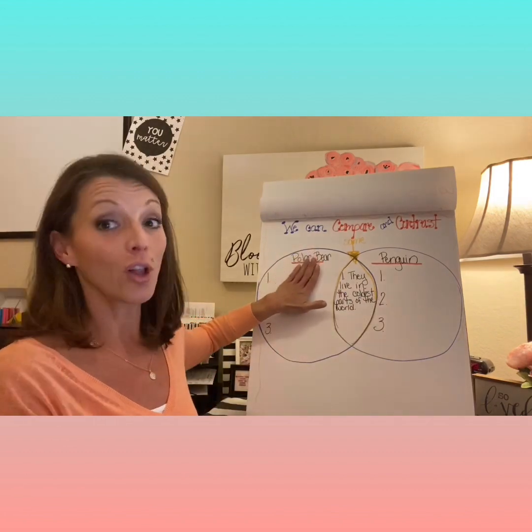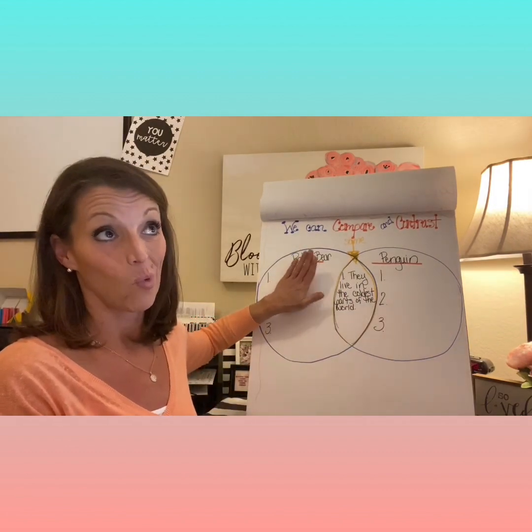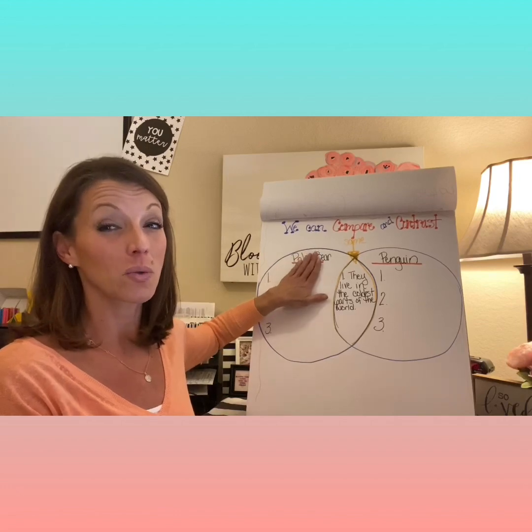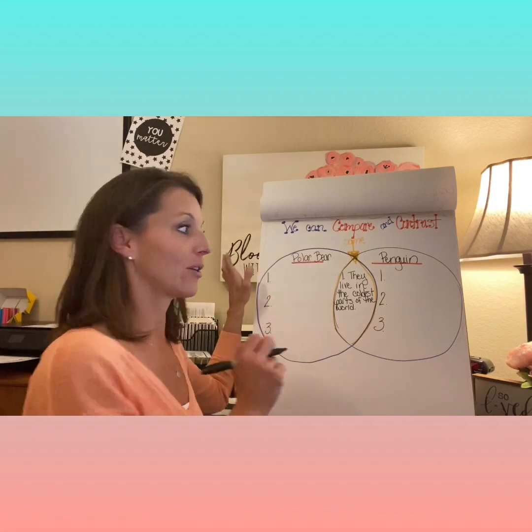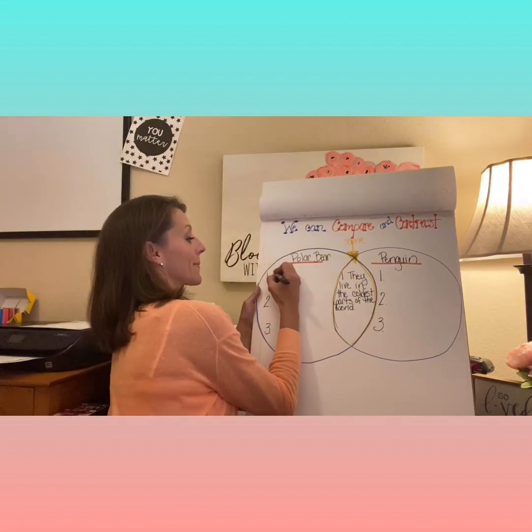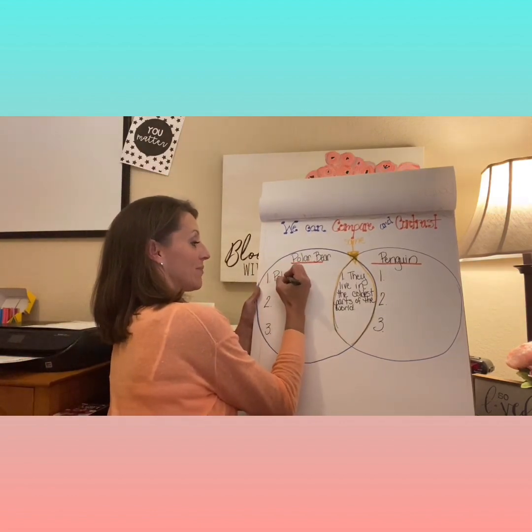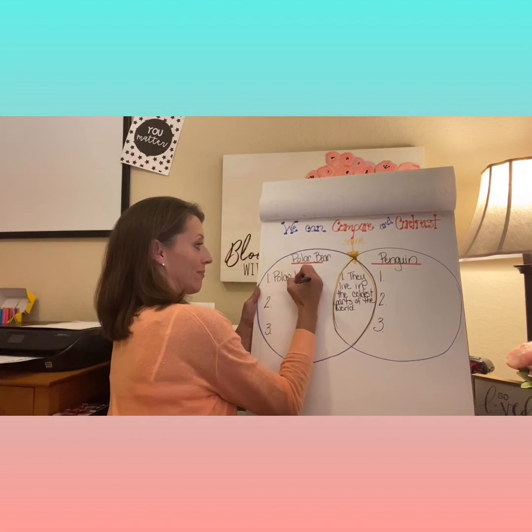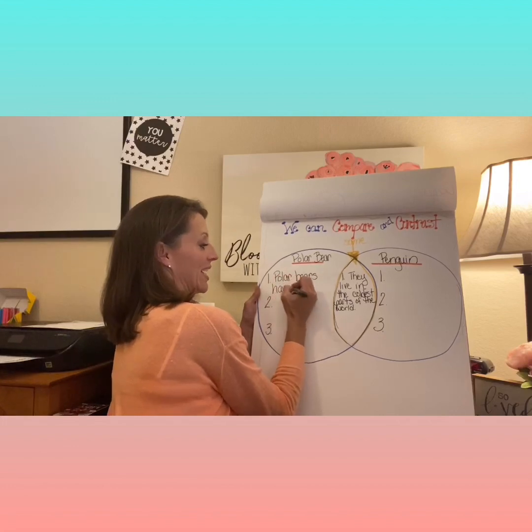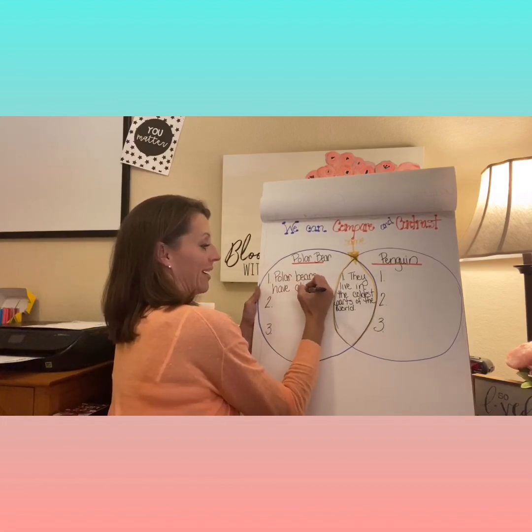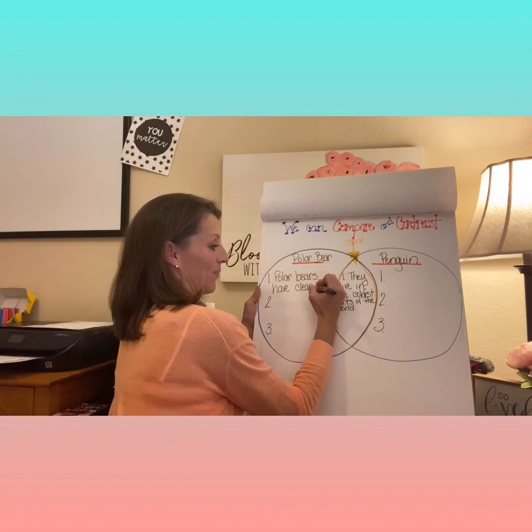So for a polar bear, what could I put that's only with a polar bear? I know. Polar bears, do you remember this cool fact? Have clear or opaque fur.